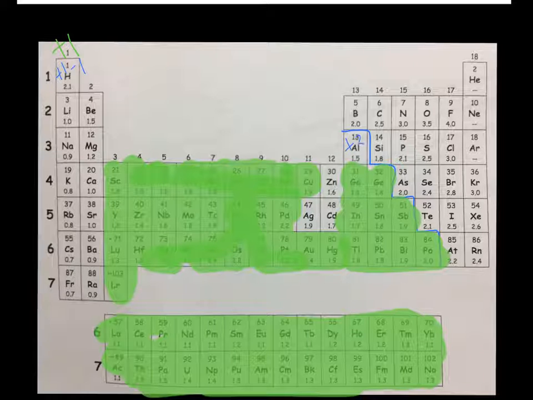Aluminum is +3, carbon and silicon are +4, nitrogen down to arsenic is -3, oxygen, sulfur, selenium -2, and then group 7 is -1. And then we have silver, which is always +1, zinc is always +2, and cadmium is always +2. So you need to know those.